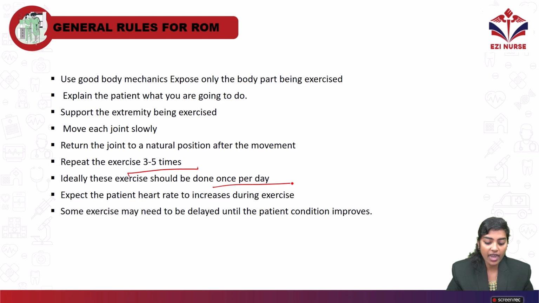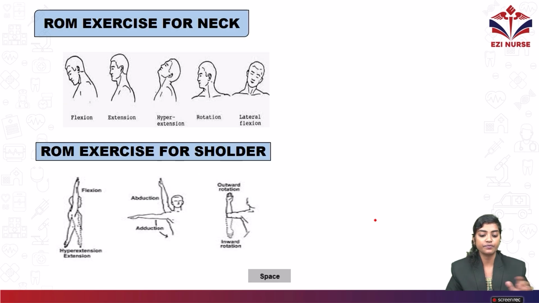Expect the patient's heart rate to increase during exercise. Some exercise may need to be delayed until the patient's condition improves. If the patient has had any surgery, such as spinal cord surgery, then we have to wait and delay the exercises.